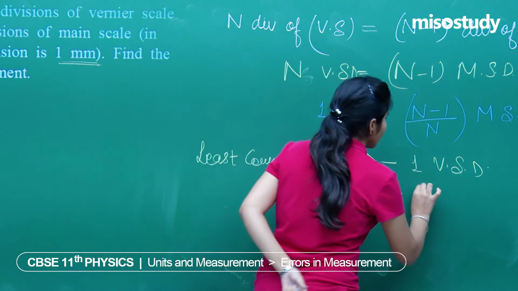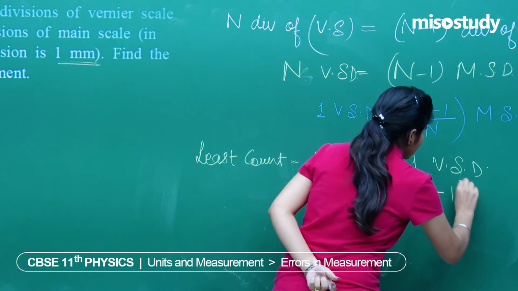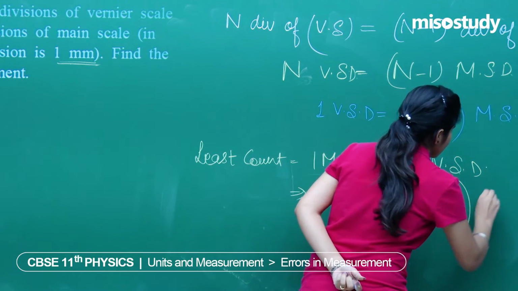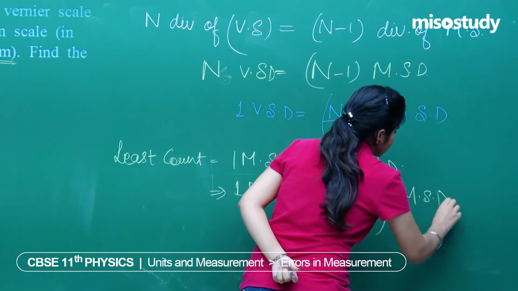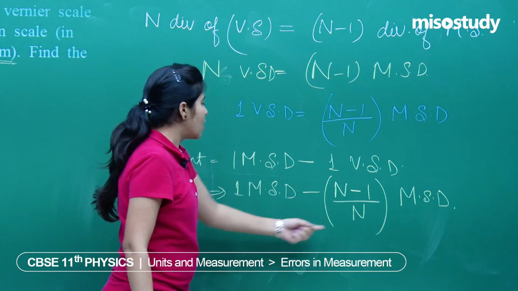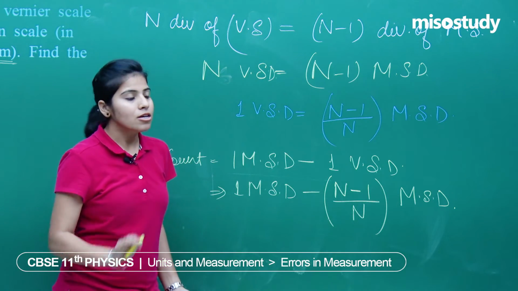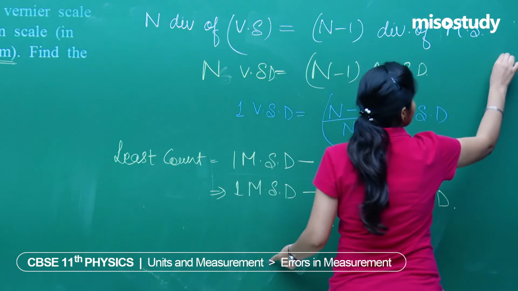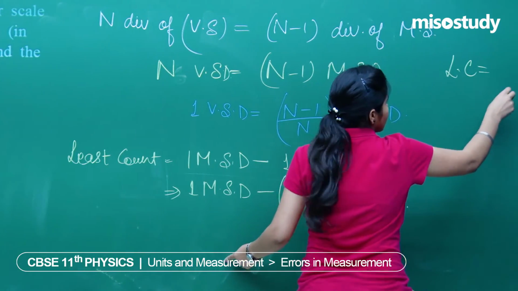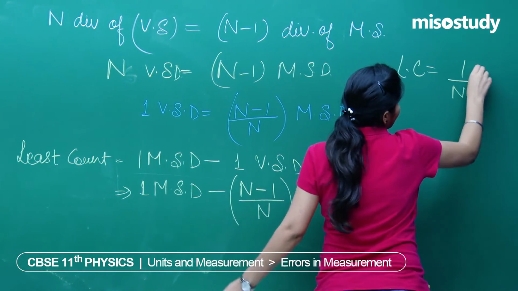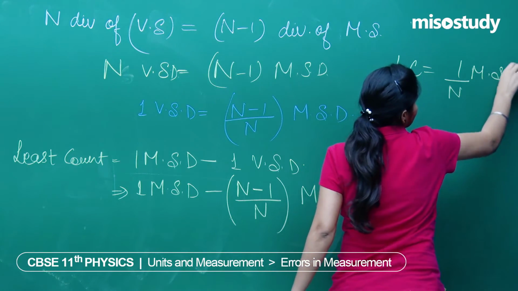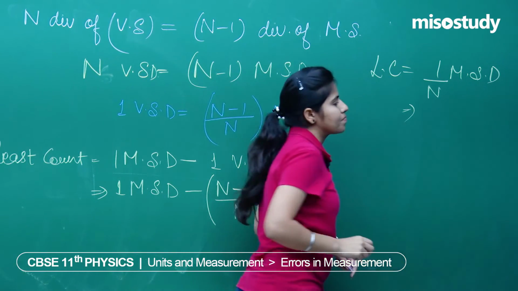So, we put the value n minus 1 upon n main scale division. Let us solve for this: n minus n plus 1 divided by n. We will be left with 1 upon n multiplied by 1 main scale division.